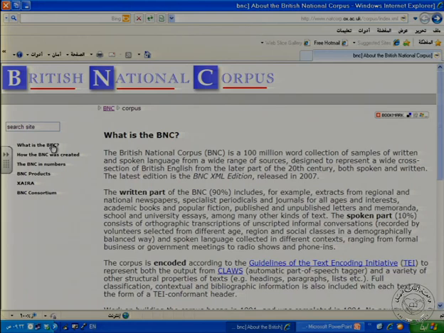The latest edition is the BNC XML edition, released in 2007. So it is a 100 million word collection of samples, both of written and spoken British English. So you see the description of the corpus.